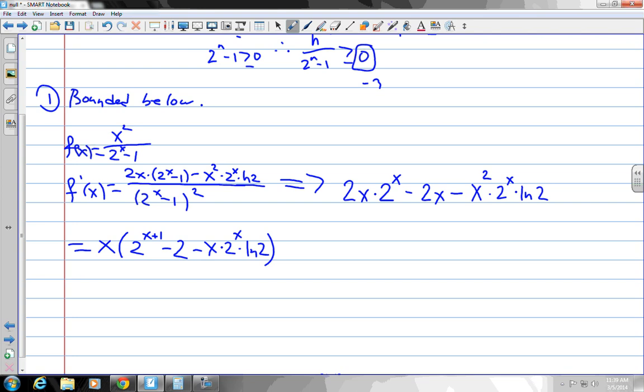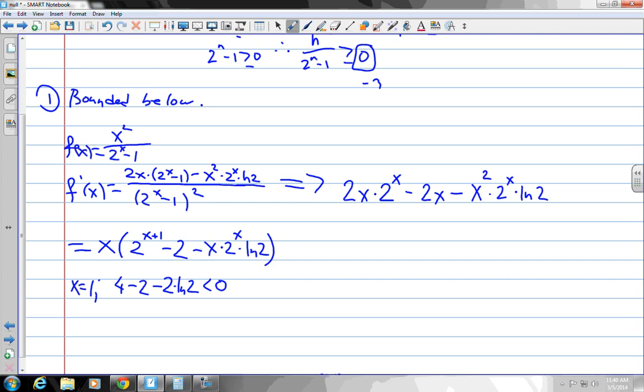Plug it in, you'll get a negative number. When x equals 1, you'll get 4, minus 2, minus 2 times natural log of 2. So 2 plus 2 ln of 2 is bigger than 4, so that's less than 0.